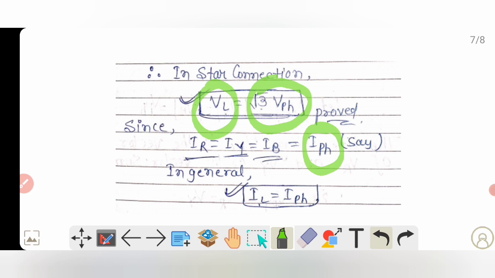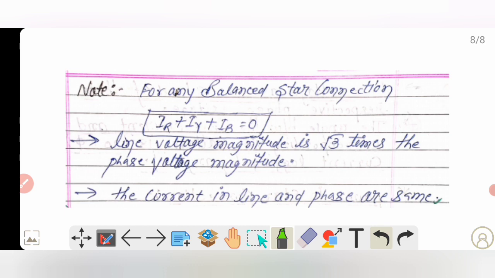And in general, in a star connection, IL, the line current, is equal to the phase current. For any balanced star connection, the currents flowing through all three phases sum to 0. Line voltage magnitude is root 3 times the phase voltage magnitude.